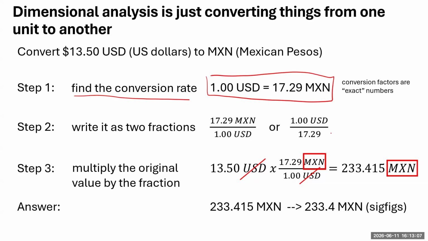We're going to write it as 2 fractions. Again, I left that out, but I'll correct that on the note-taking slides. So here again, our original value is 13.5 US dollars, so we want the fraction that has US dollars on the bottom, which is this one.